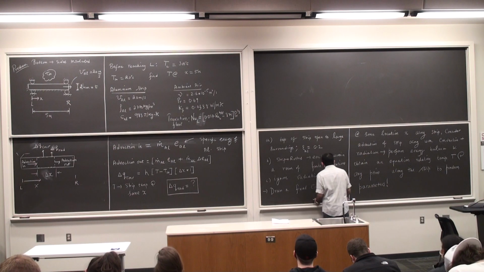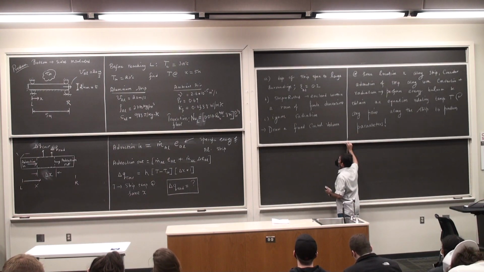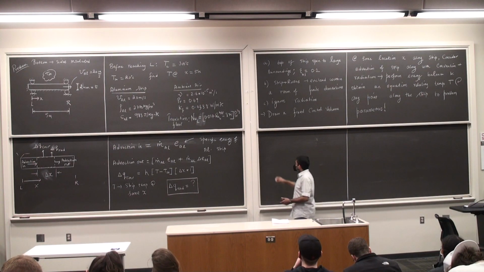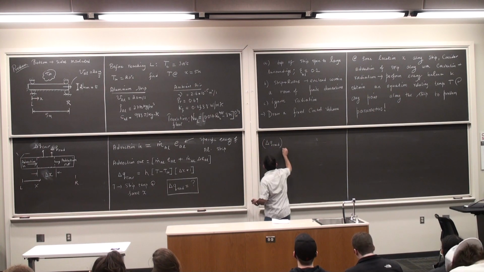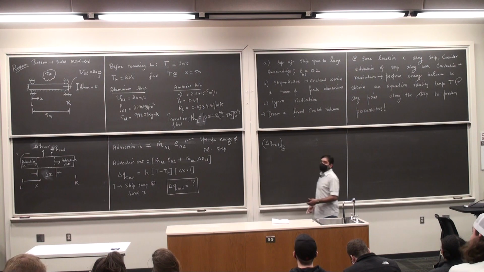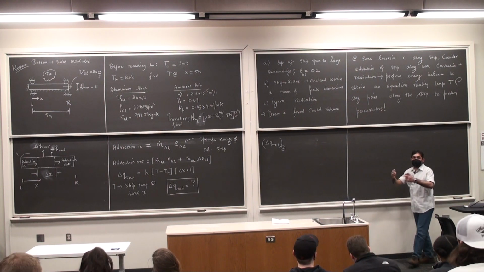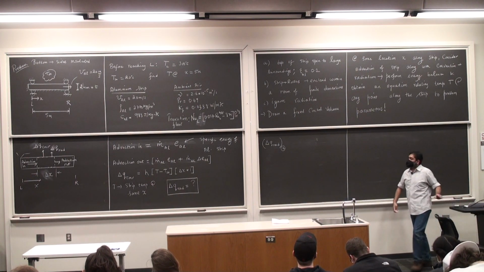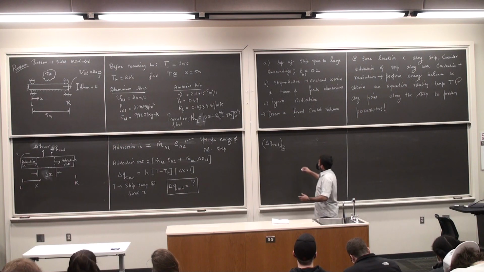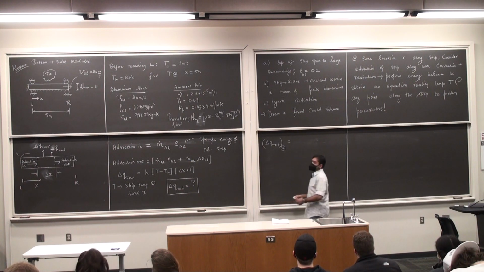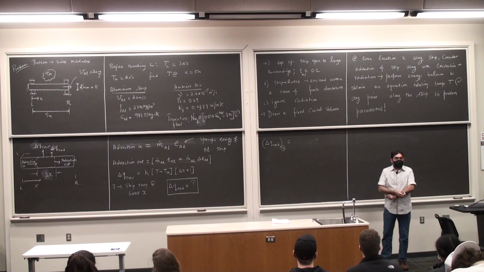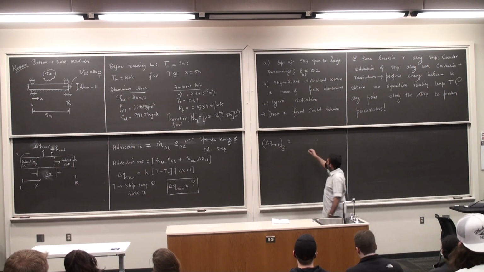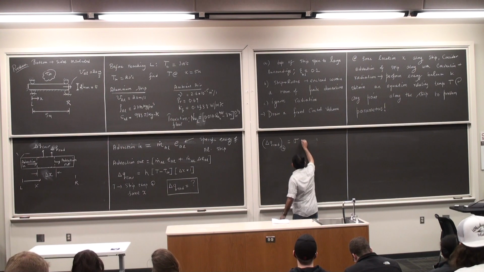So case A. Case A is if the strip is exposed to very large surroundings, then in this case, what is your radiation heat transfer equation? This essentially boils down to what we used at the beginning of the semester. Okay? So in this case, there is no thinking involved.